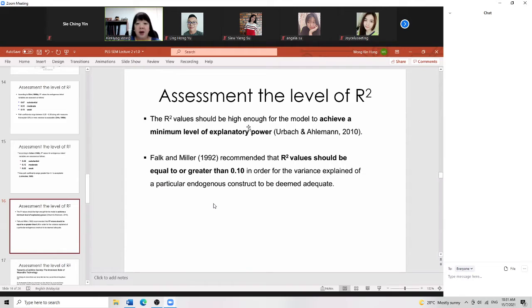The R square value should be high enough for the model to achieve a minimum level of explanatory power. Falk and Miller recommend that R square value should be equal to or greater than 0.1. This is according to Falk and Miller, 1992, okay? It should be greater than this in order to explain the variance of a particular endogenous construct to be deemed adequate, okay?